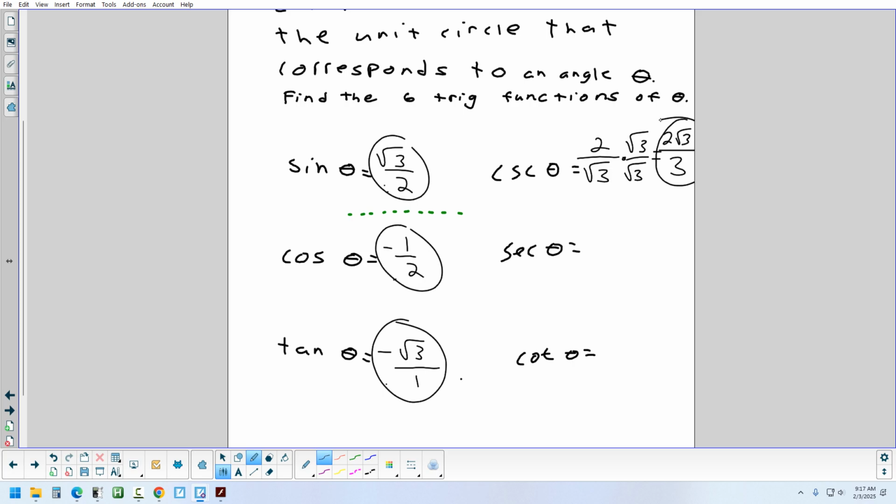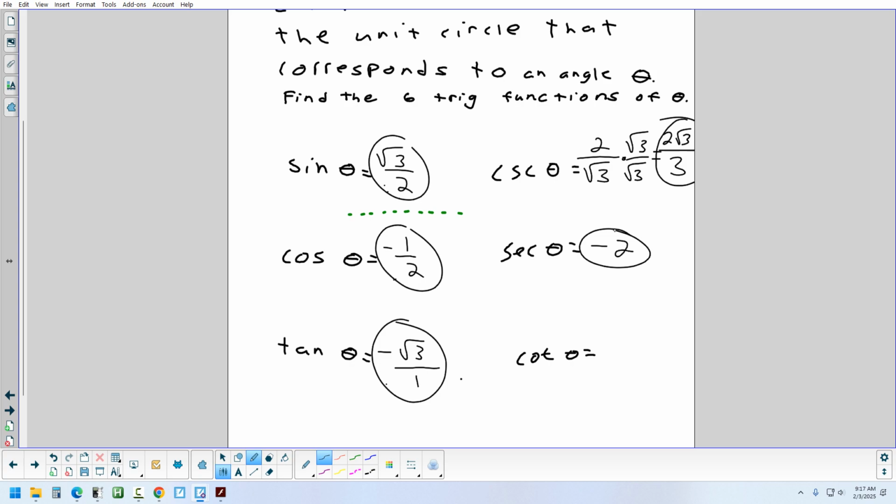All right, let's do our secant. So I'm going to take the cosine, and what am I going to do with that fraction? Flip it. What do we get when we flip it? 2 over -1, so we really could just put -2. Okay, and now let's do our cotangent.